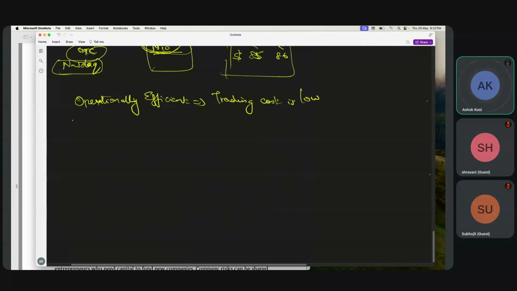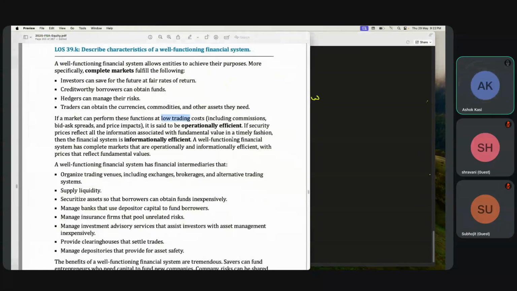Low commissions, bid-ask spread is low. Then it is operationally efficient. Quickly, if you want to buy and sell, you will do it. You don't have to think much.